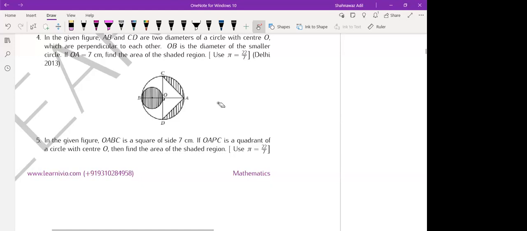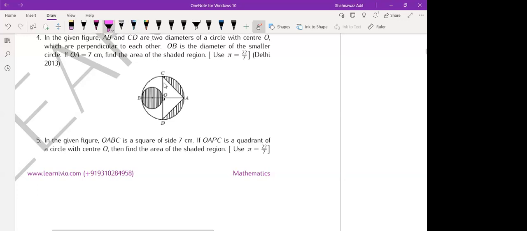We'll find the area of the circle first, and then we'll have to find the area of the two segments. Finding the area of the two segments, that would be. Okay, what I will suggest you is that you divide this circle into semicircles.